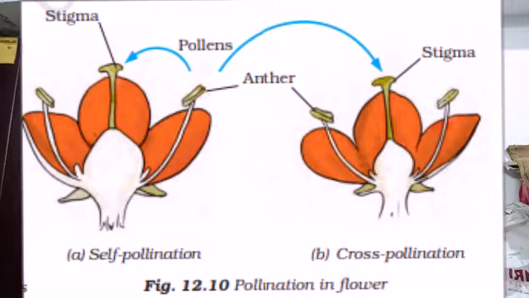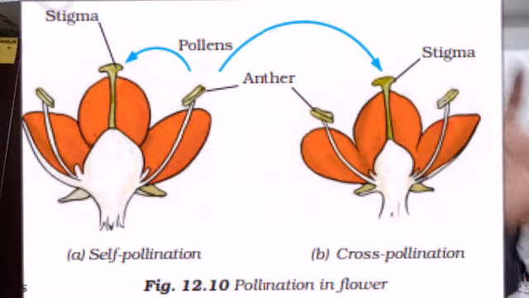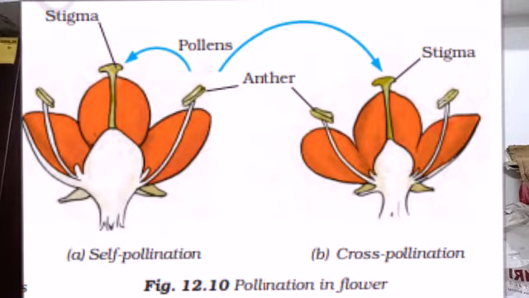If all four whorls are not present, it is called an incomplete flower. If only the male part or only the female part is present, that is an incomplete or unisexual flower, like the flower of hemp, that is bhang. Unisexual flowers include watermelon, bottle gourd, cucumber and hemp.